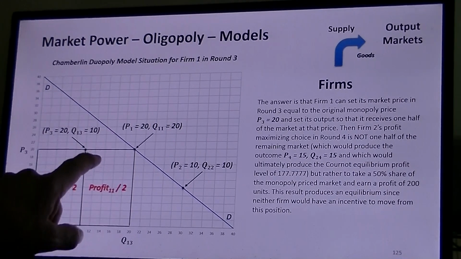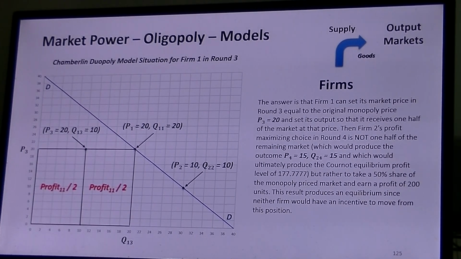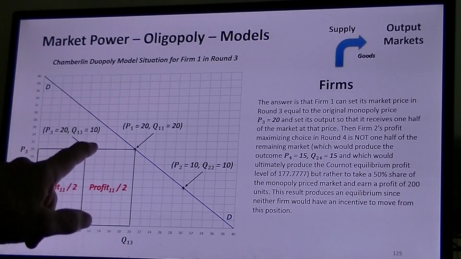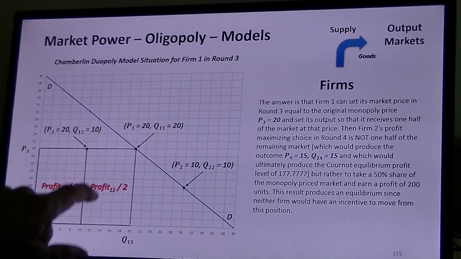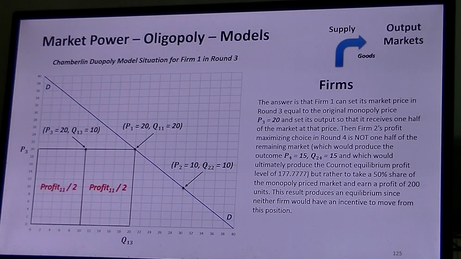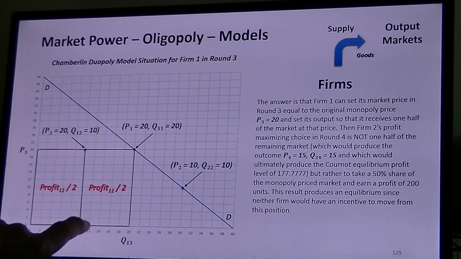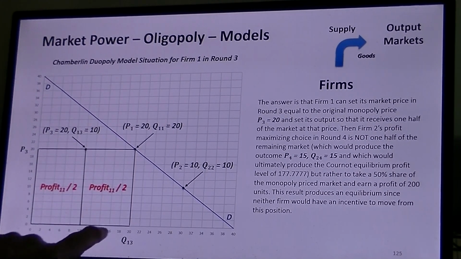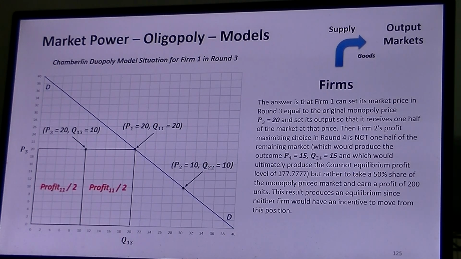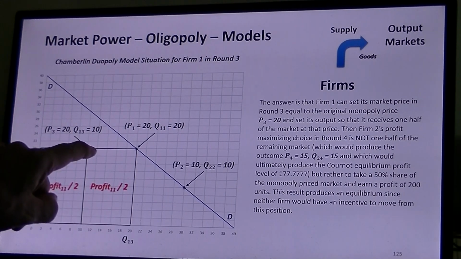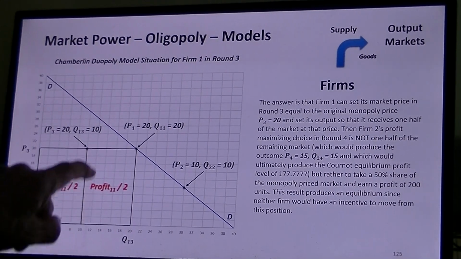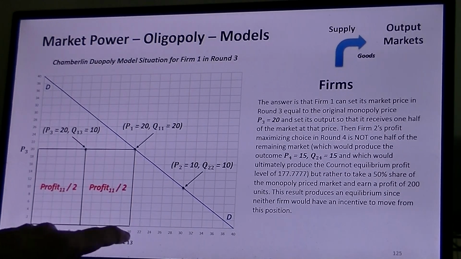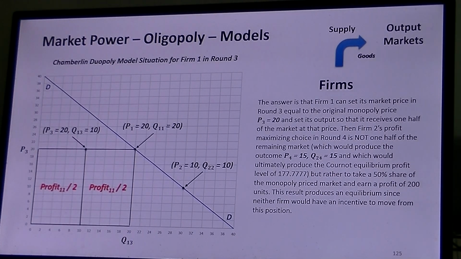If they produced 11 units at a price of 20, then they would leave 9 units at a price of 20 to firm 2, and that would be a profit of 9 times 20, which is 180.